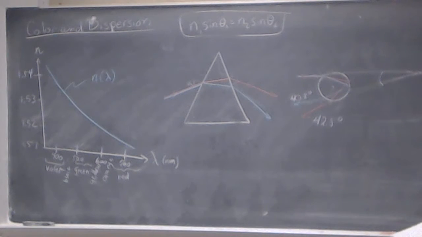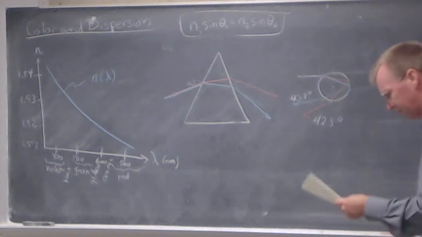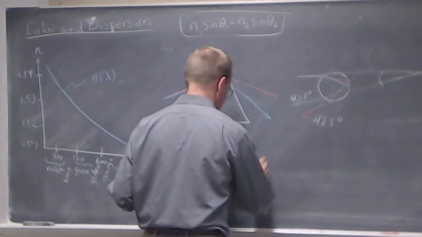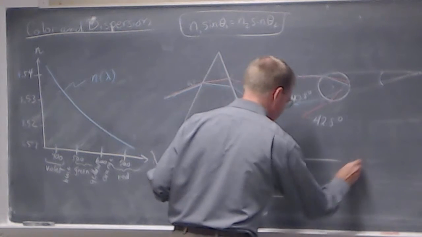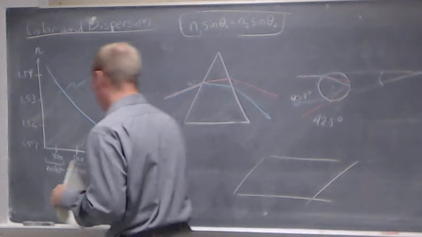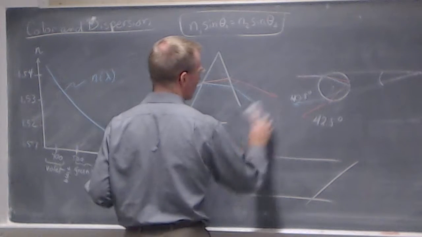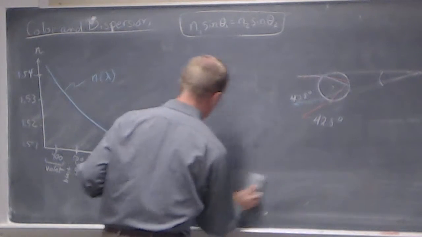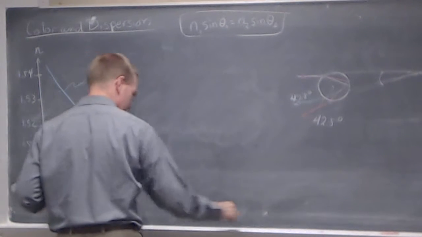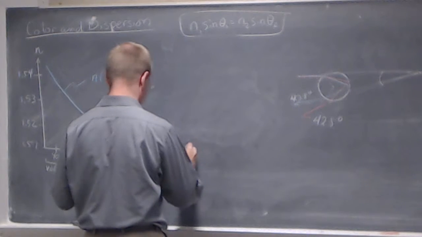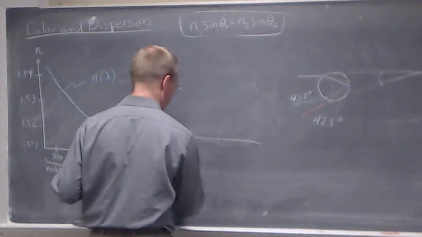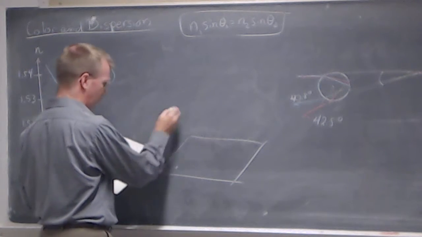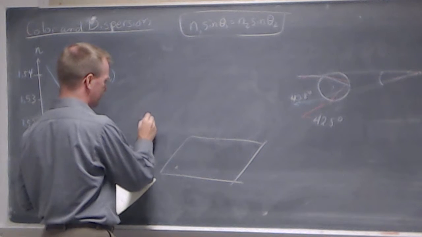So how does this work in practice? Let's say you're standing on the ground, on the earth here. I'm going to erase some of this. The sun is low on the horizon, or moderately low in the sky.